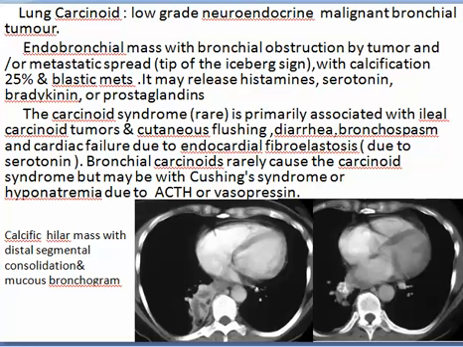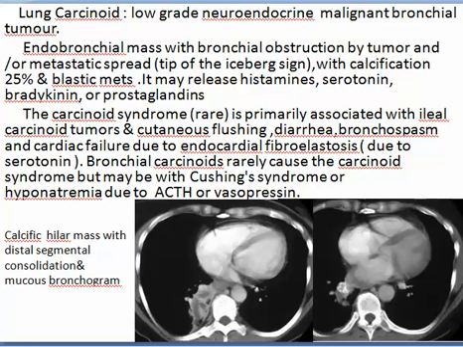In this case, we have a calcific tumor obstructing this bronchus, causing mucus bronchogram and consolidation. Bronchial carcinoid: tumors with calcifications and distal segmental consolidation.